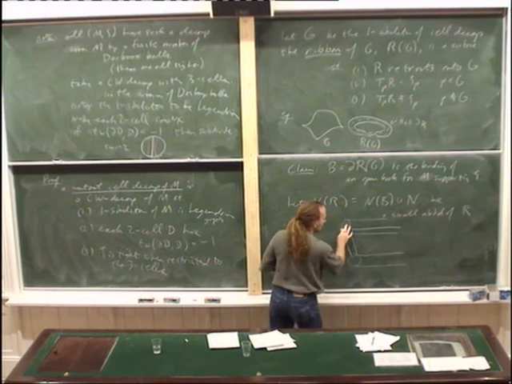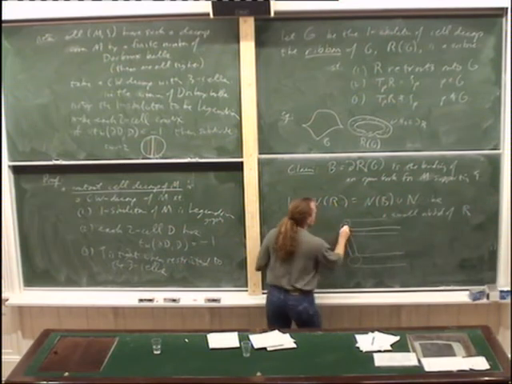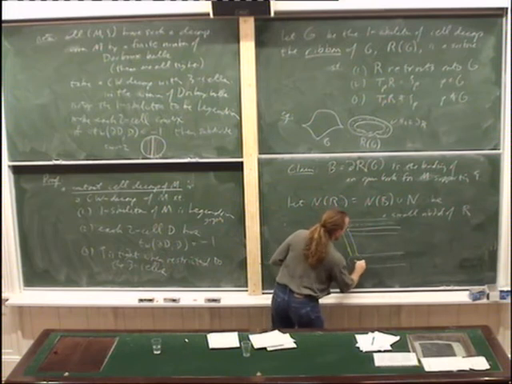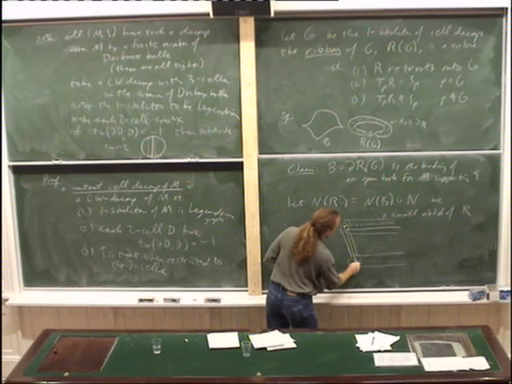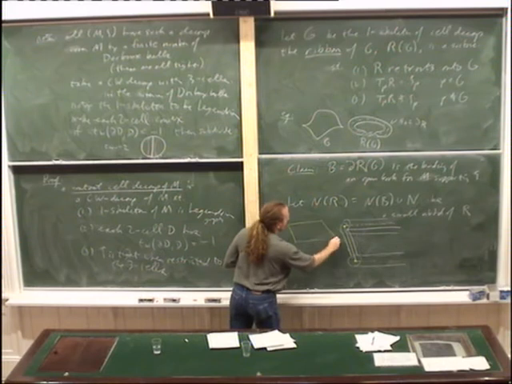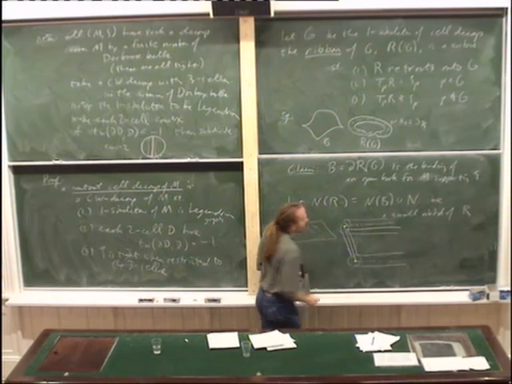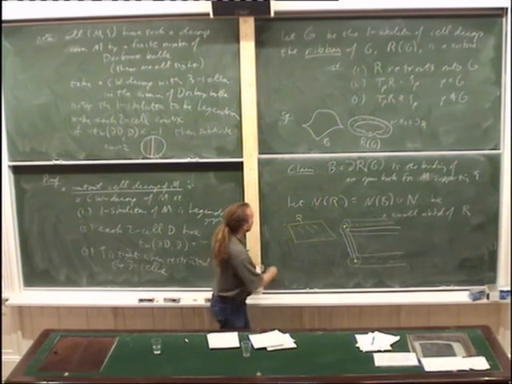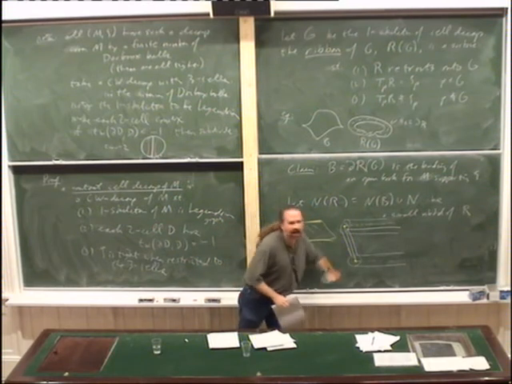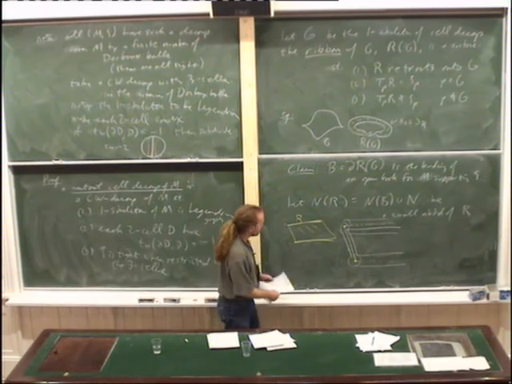I have this yellow strip here, which is a little piece of R. Then if I take its neighborhood, I'll have a rectangular region, but I'm writing it as a little neighborhood of the boundary regions, and then putting a little slab in between them. So is the picture hopefully relatively clear? Okay.